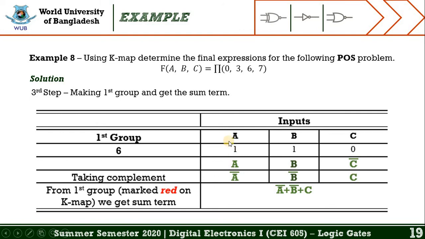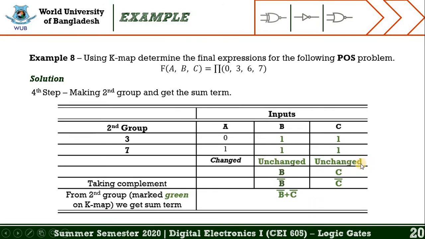We get A, B for 1 and 1, and for C we get 0, since the value of C is 0, that's why we write C bar instead of C. But for the POS problem we need to complement this, which is A bar, B bar and only C, and we get the sum term from the above, which is A bar or B bar or C. So let's move into the next slide.